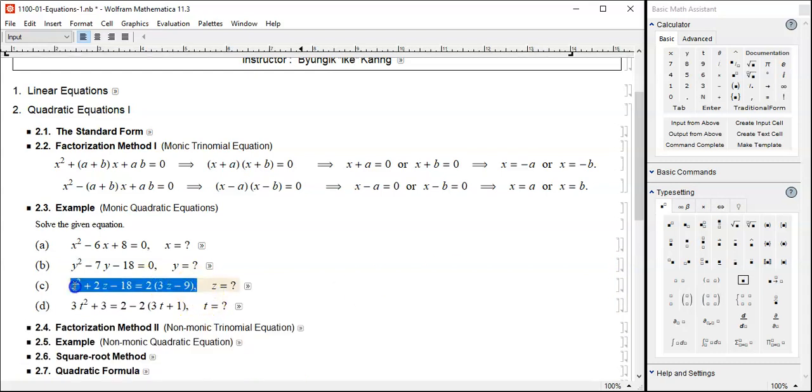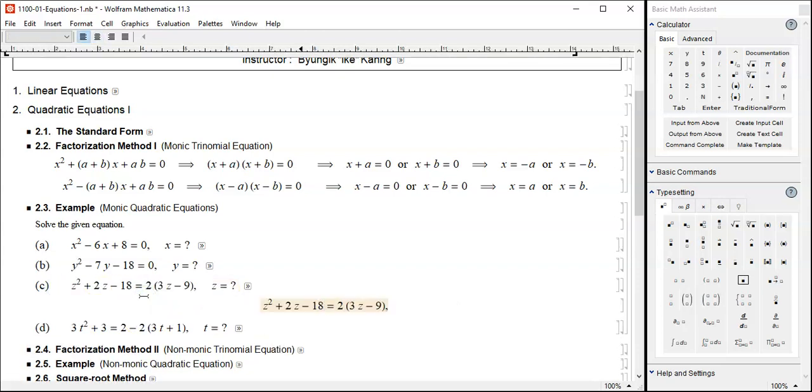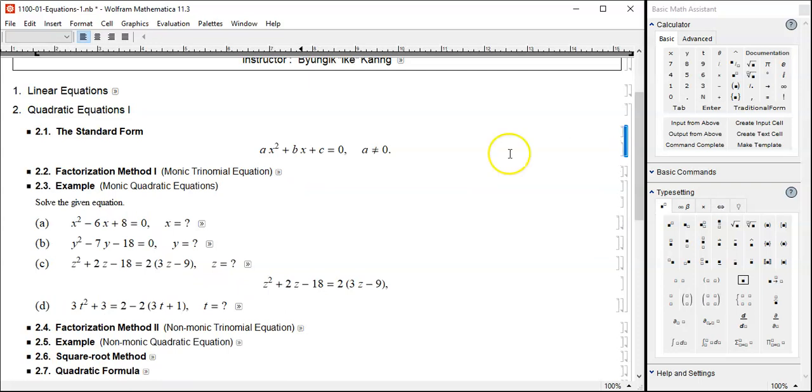How about the next problem here? This one is a little bit more worthy in a sense that we have parentheses. Let's go back to this standard form. We need ax squared plus bx plus c equal to 0. I don't have 0 in the right-hand side. Instead, we have something more complicated.